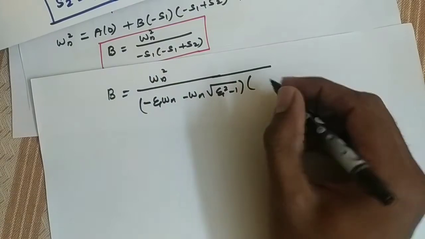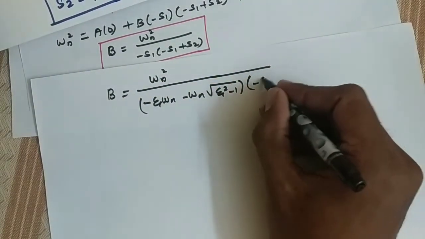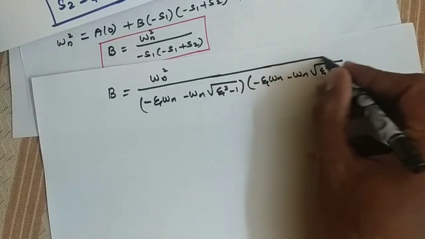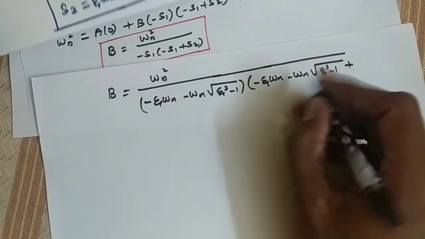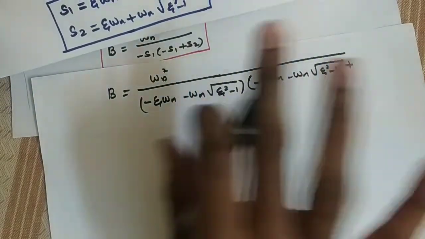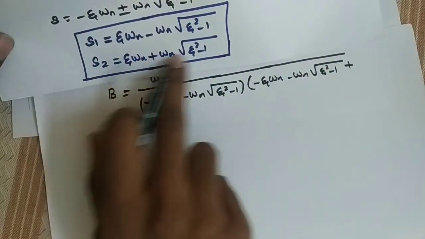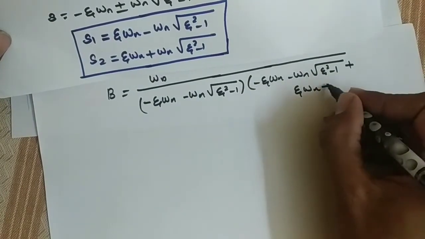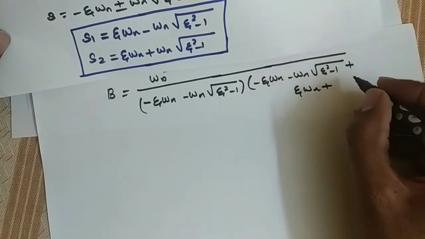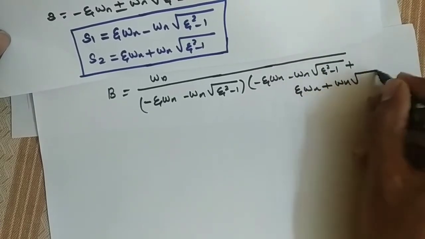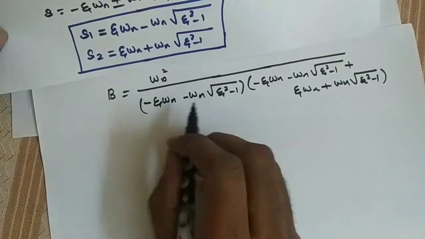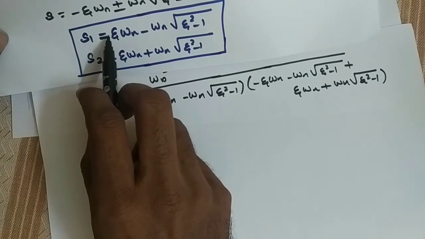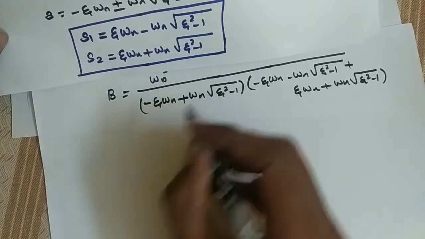The same minus S1 has to be repeated here, minus omega n root of eta square minus 1 plus S2, so we need to write the same equation here: eta omega n plus omega n root of eta square minus 1. If you are substituting minus S1, this term will get one minus sign and this minus will be converted into plus sign.